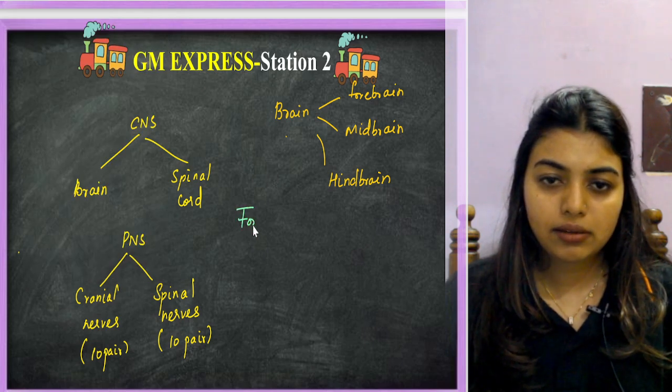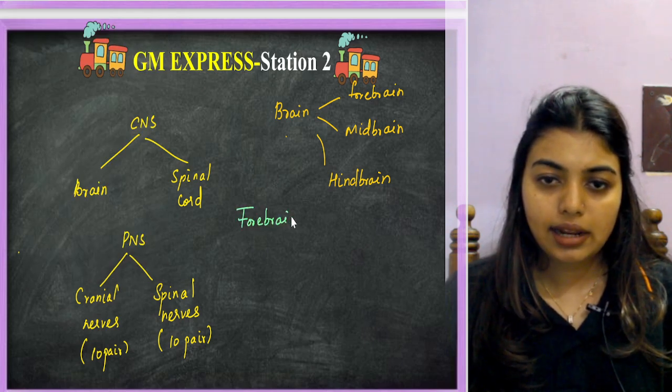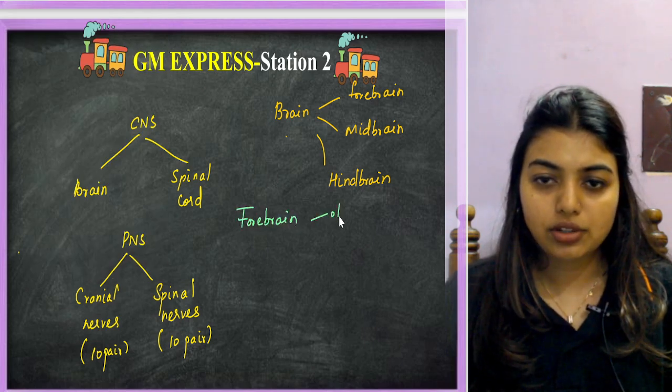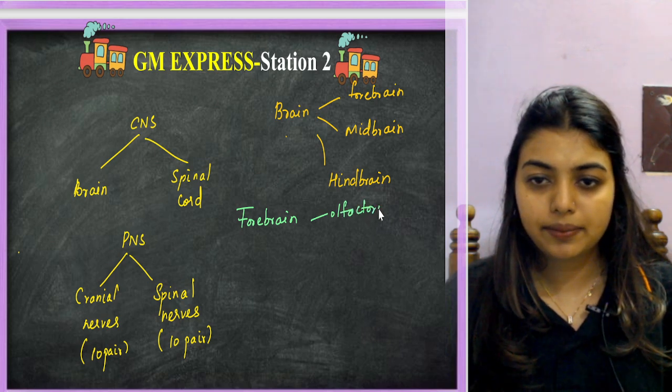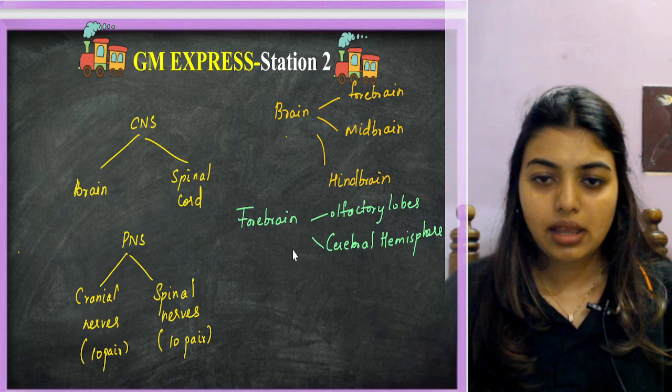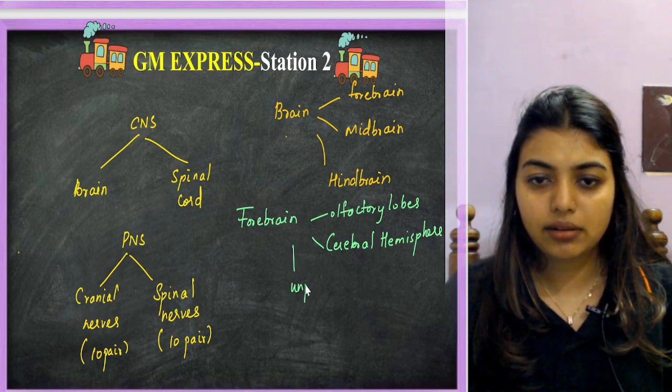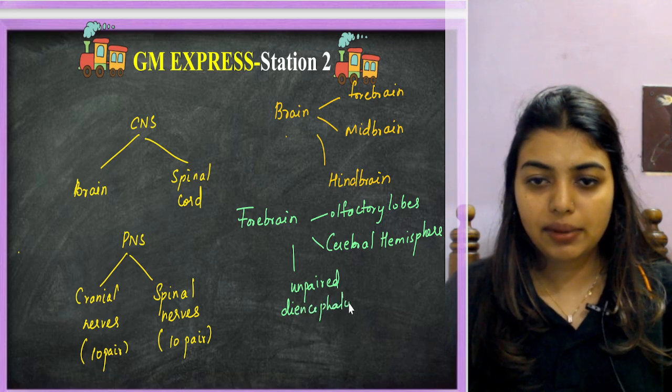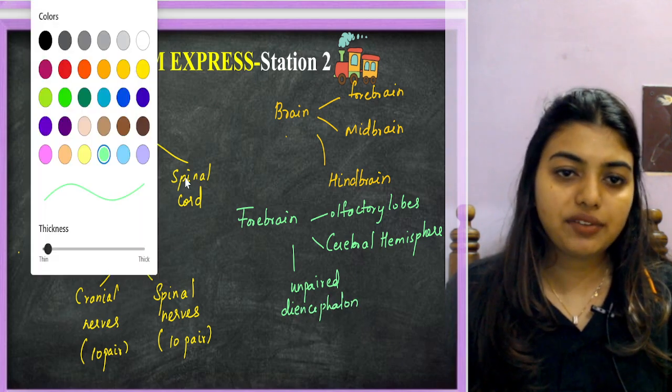Forebrain had olfactory lobes, cerebral hemispheres, and unpaired diencephalon.